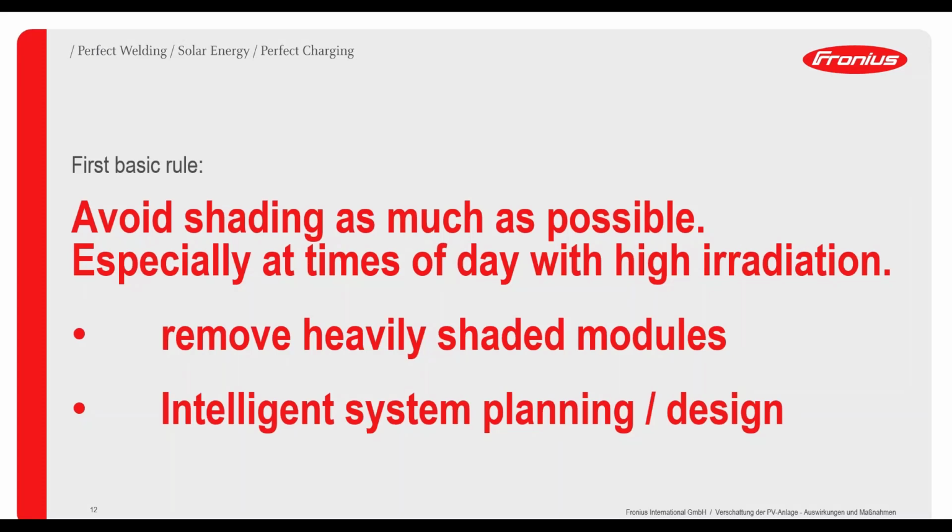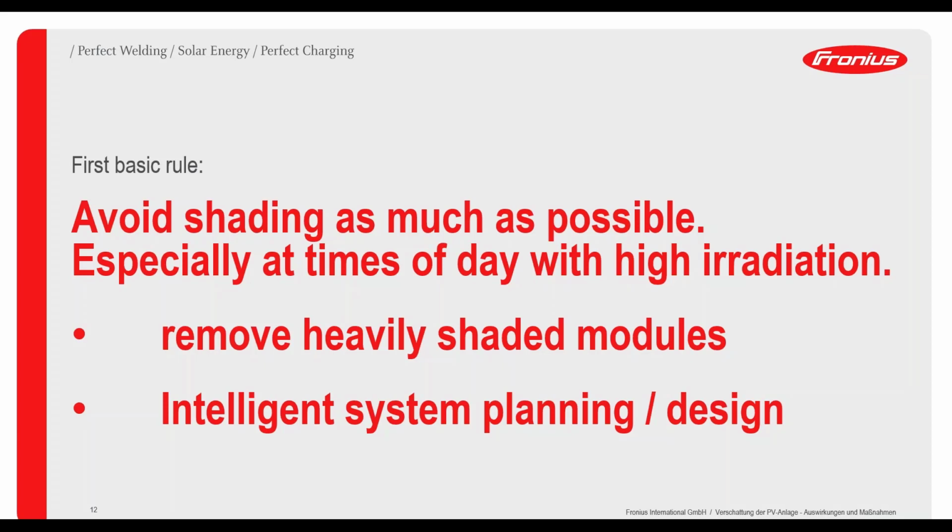So that leads us to the first basic rule of this webinar. We need to avoid shading as much as possible in the first place. Especially at times of the day with high irradiation, so at noon in most countries, we need to make sure to avoid the shading altogether.